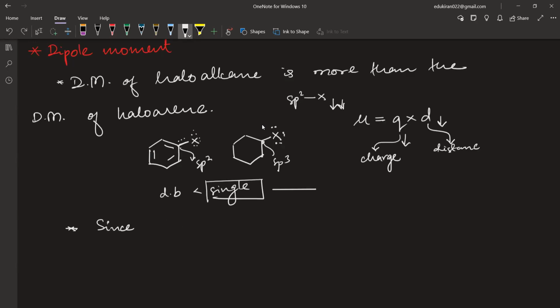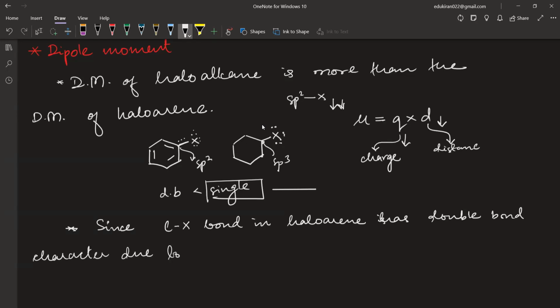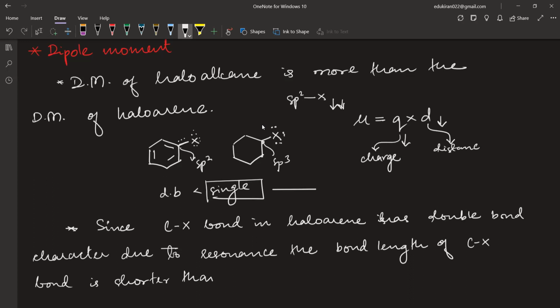Since the C-X bond in haloarene has double bond character due to resonance, the bond length of the C-X bond is shorter than that of haloalkane.